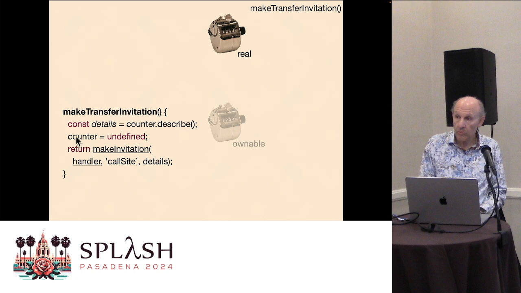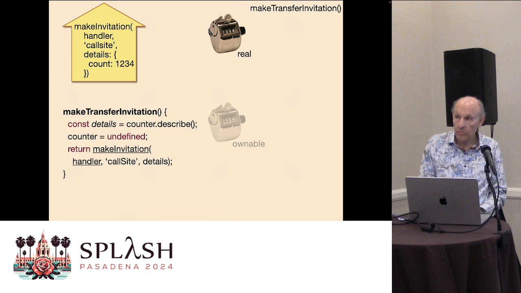The next thing is it sends a make invitation method from the contract to Zoe, and the make invitation has these 3 arguments. The handler, which we'll get to, is basically a callback, a piece of code. The call site is by convention a literal string that uniquely identifies a particular call site in the code of the smart contract this appears in. And details are the self-description gotten from the describe.